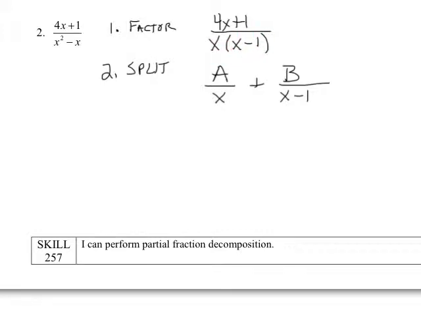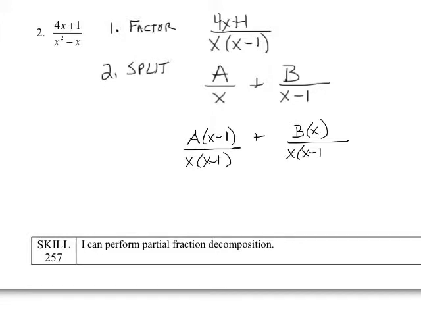So at this point, we have to find some A and B values that would make this equal to that. So let's add those together. We would have to find a common denominator, so we multiply A by x - 1, and we multiply B by x, and that goes over x times x - 1.